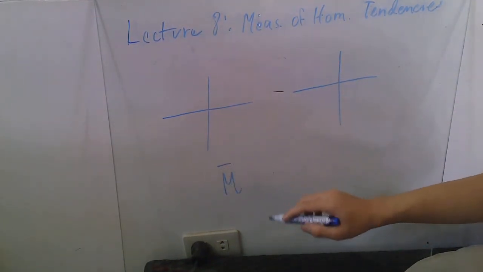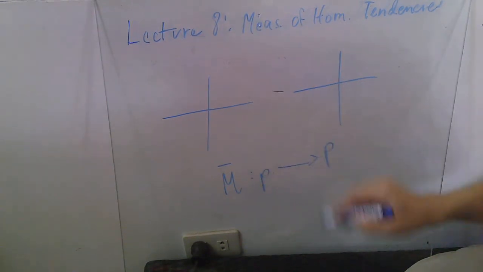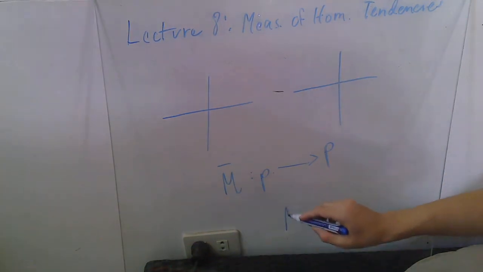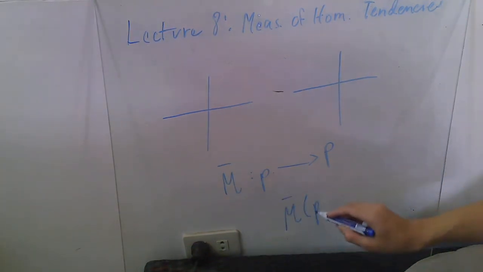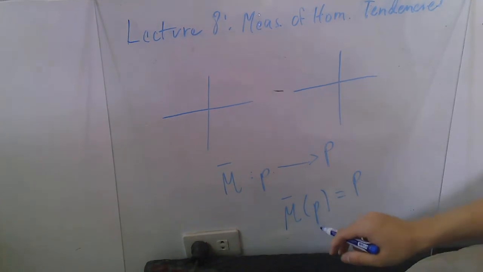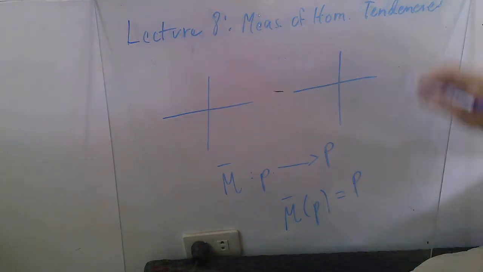Mu hat maps the measures onto P. So mu hat is a function of small p. The measure here determines which percentage these belong to, or which label these percentages belong to.